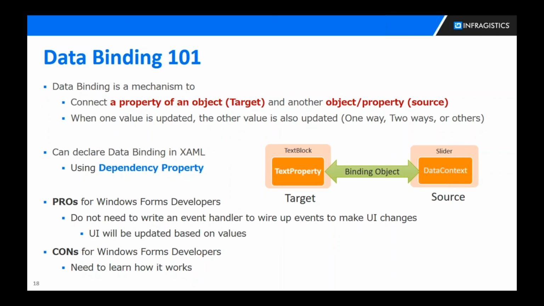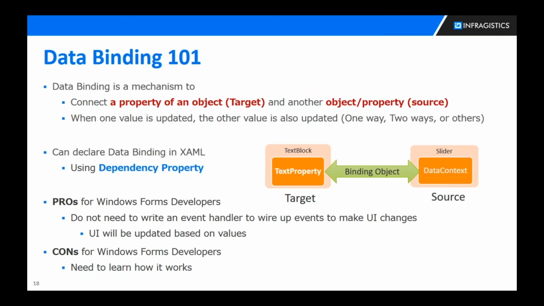So basically, you connect the target and the source with data binding. The power of data binding is that when one value is updated, the other one is also updated in many ways. It can be one way, two ways, or target to source.